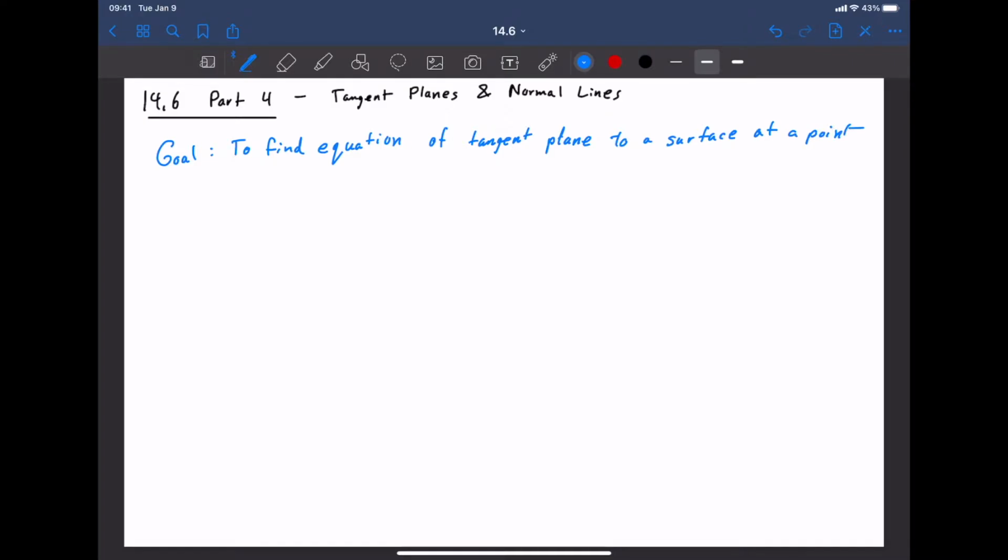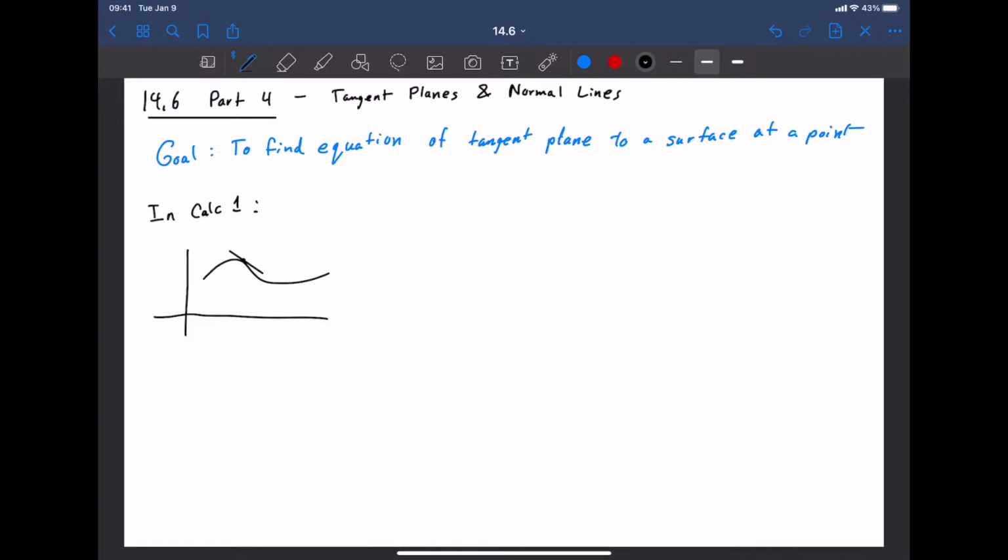And just to refresh your memory, in Calc 1, in AB, whatever you took, we have a curve and a tangent line to that curve.